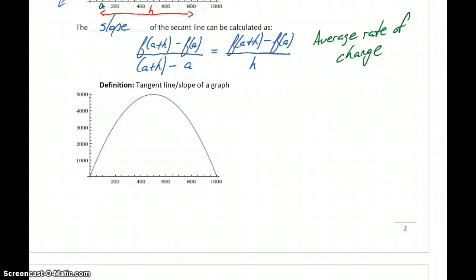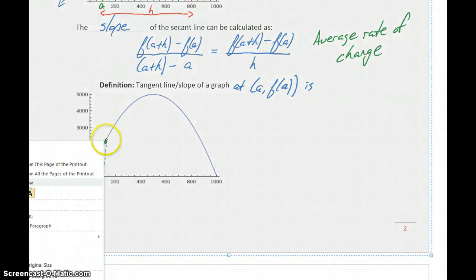So we can talk about secant lines. We can also talk about tangent lines or finding the slope of a graph. So the slope of a graph at some point a, f of a can be calculated as follows, and if we introduce a few points here to demonstrate this idea. So again, we're considering an initial point, a comma f of a.